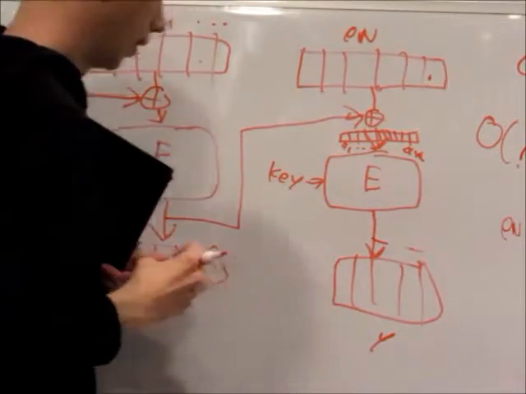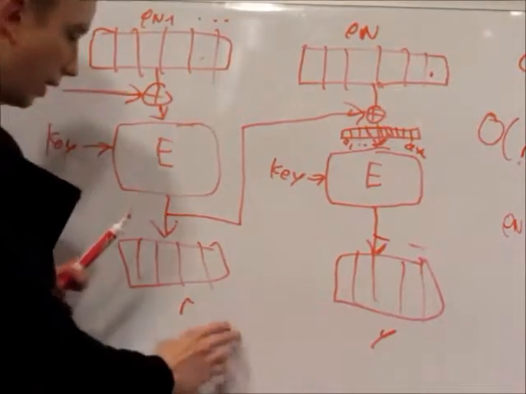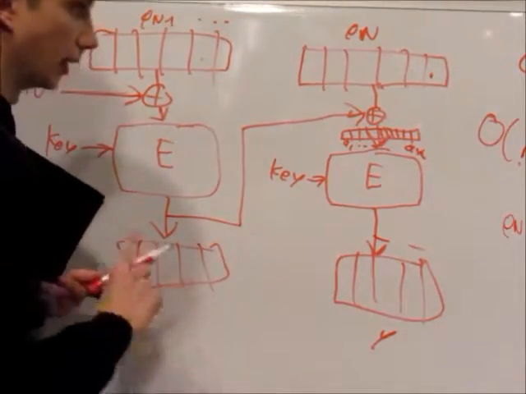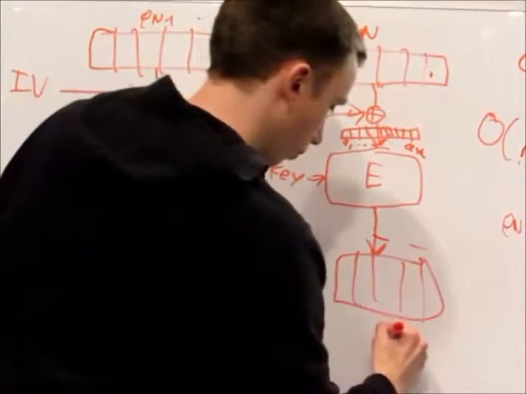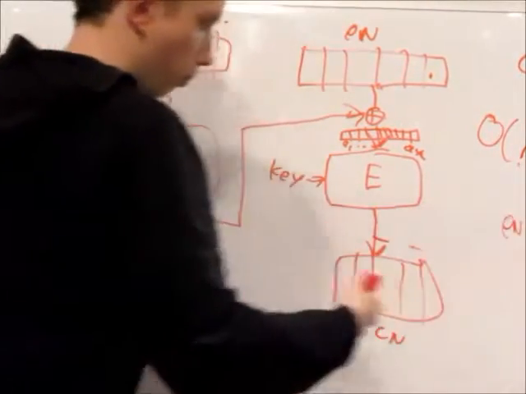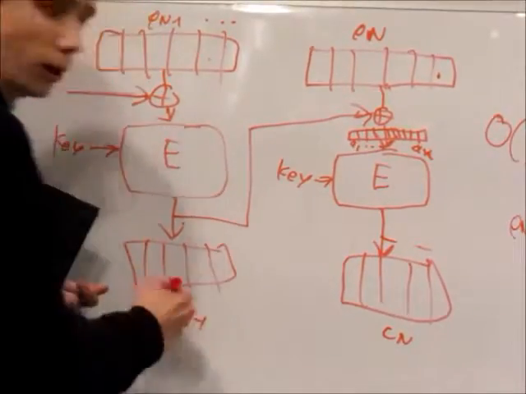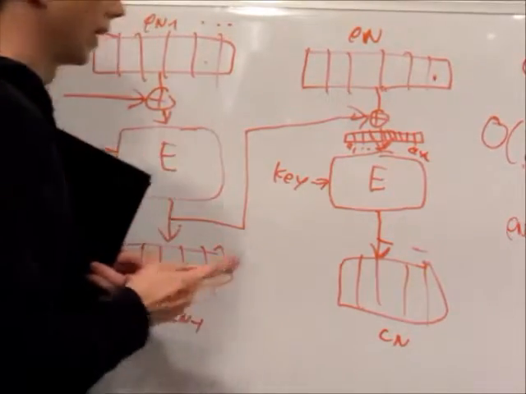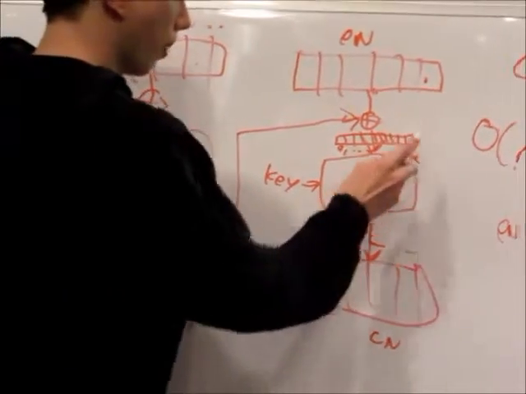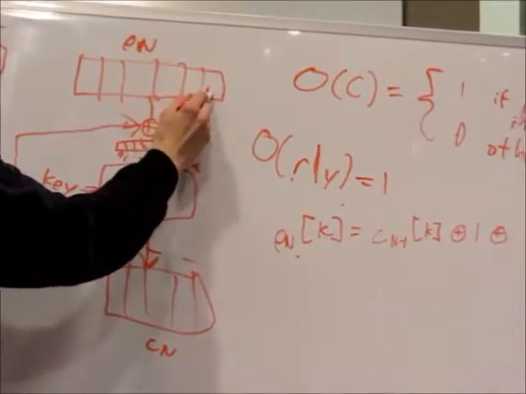And then if we're not using R and Y, but we're just using the actual ciphertext that we had, this would be C of n, or we could call it Y of n, and then this is Y of n minus 1, or C of n minus 1. What we can say is that this equation holds, where this is Pn of k.